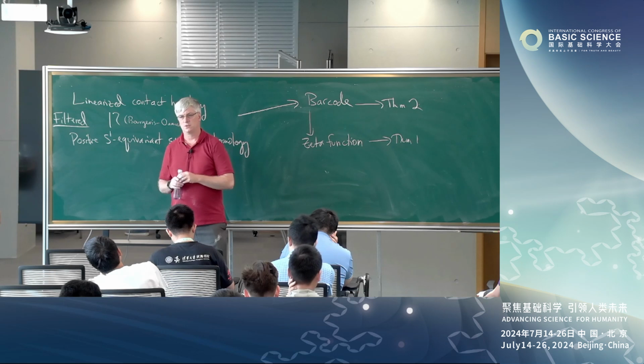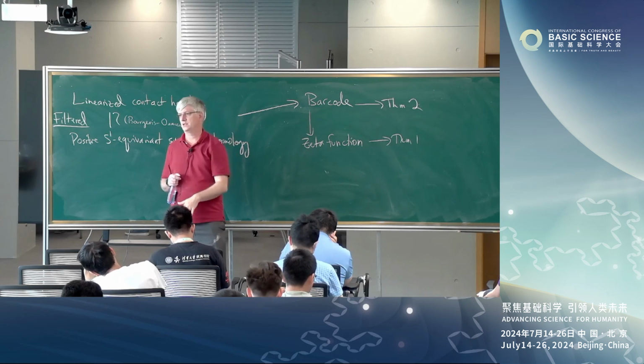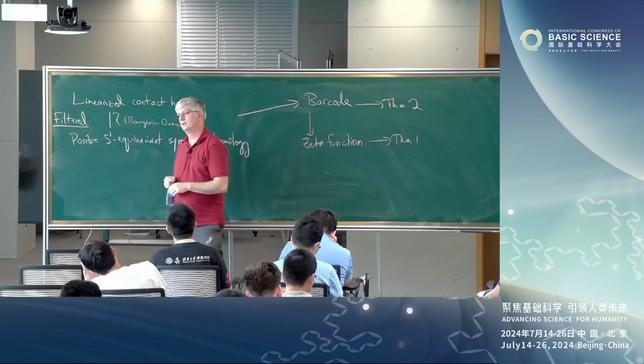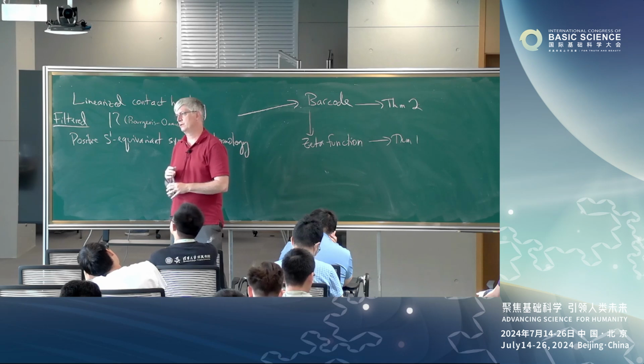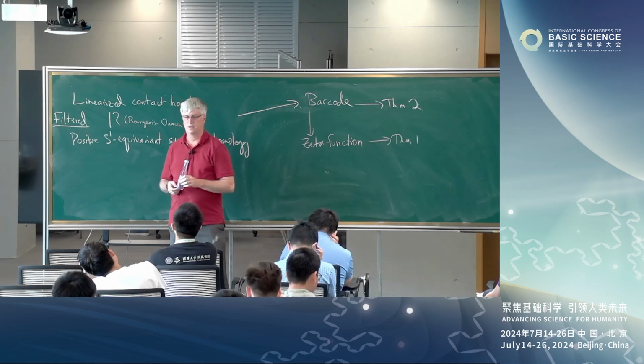So for any real number L, you can look at the part of the chain complex where the action is less than L. I see. So you really produce persistence modules. Yes, it's really a persistence module. I see. Actually, if you insert some numbers, there's also a spectral sequence associated. Do you have a look at it? What does the E2 page or a higher page look like? You can certainly do that. I don't know what that tells you. Okay. Thank you.